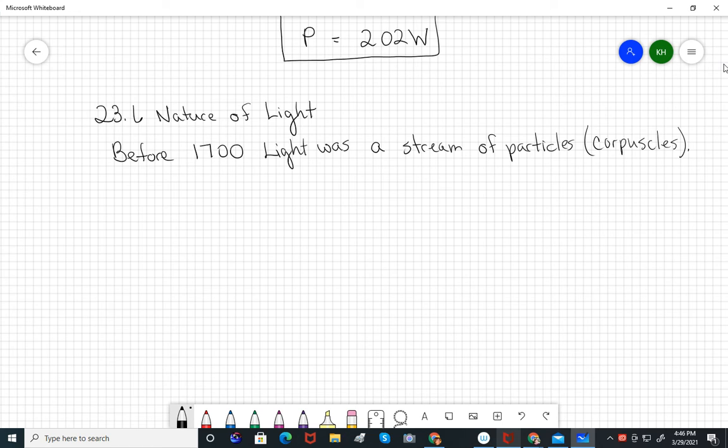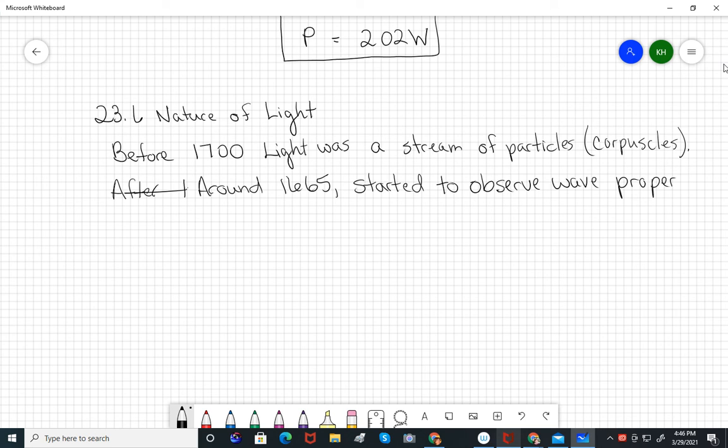But around the latter part of the 1600s, 1665, all of a sudden we started getting wave properties. So I'm just going to say, around 1665, scientists started to observe wave properties.